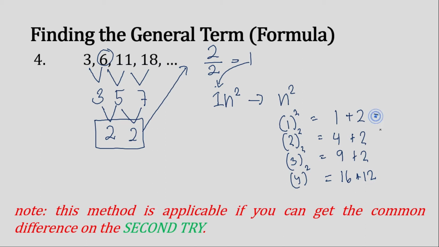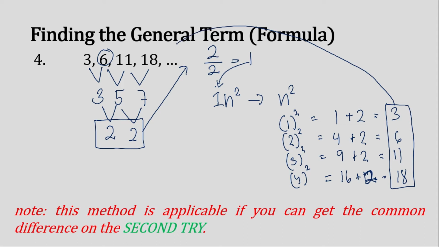Let's see if we have a correct sequence. 1 plus 2 is 3, 4 plus 2 is 6, 9 plus 2 is 11, and 16 plus 2 is 18. So as you can see, we get the same numbers as this sequence.